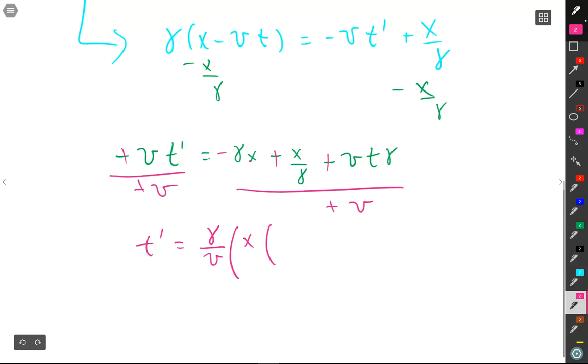I factored out a gamma, so it's just going to have a 1, except that's a minus 1. Let me put that minus 1 over here then because it's negative. This one here had x over gamma. If I factor out a gamma from 1 over gamma, what do I get? If I factor out a gamma, that means I'm dividing by gamma inside. So 1 over gamma divided by gamma is 1 over gamma squared.